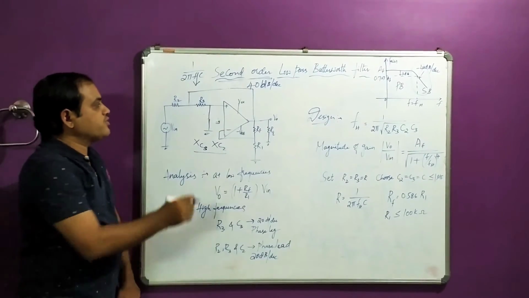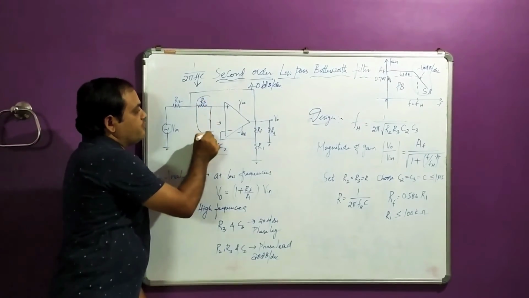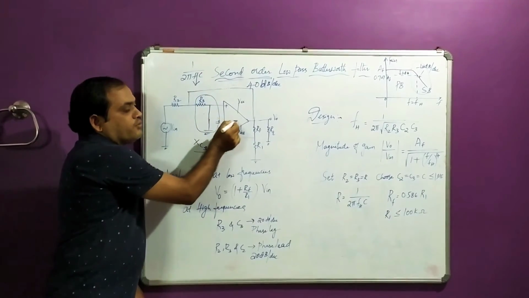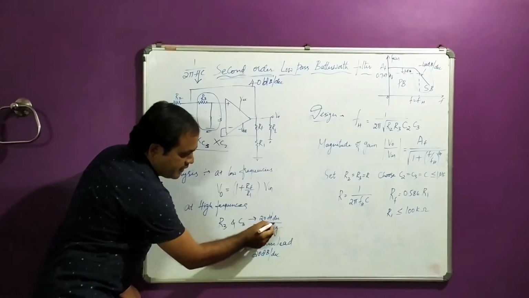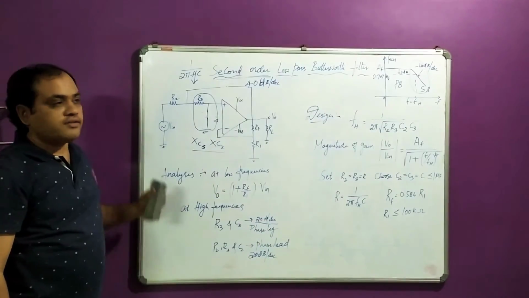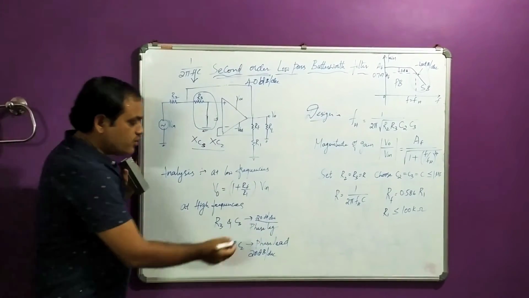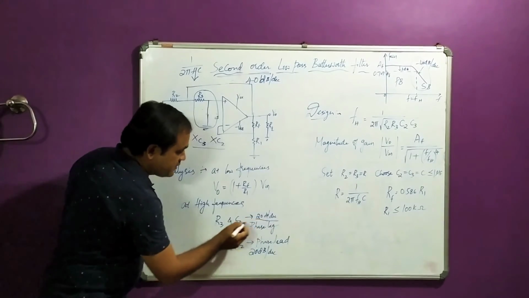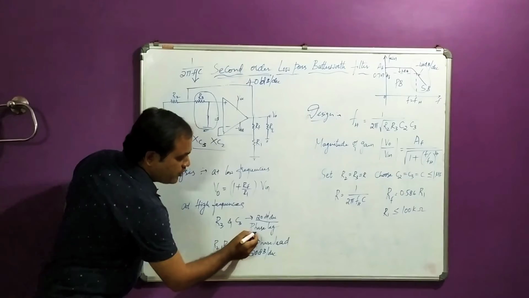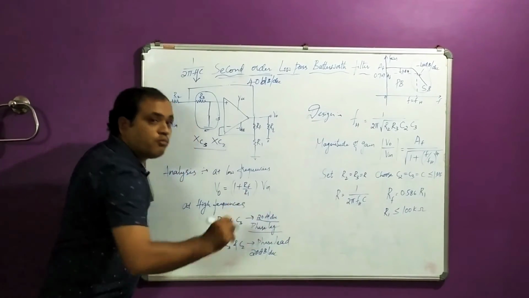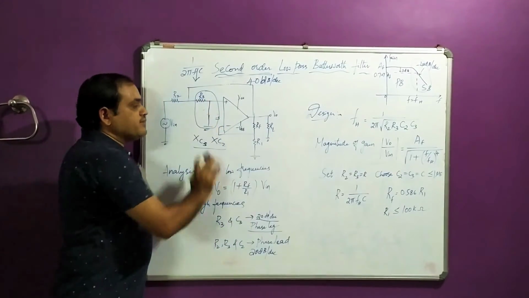Now you just see this is the first RC component, which is giving you 20 decibels per decade in the stop band. That means 20 decibels per decade is produced by R3 and C3, which is called phase lag mode.